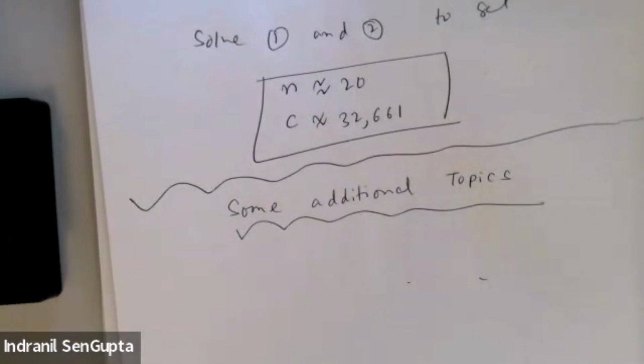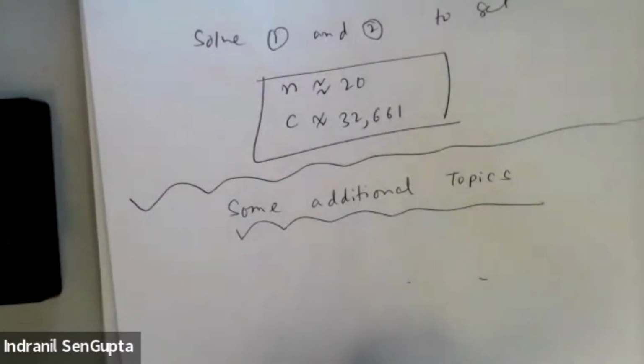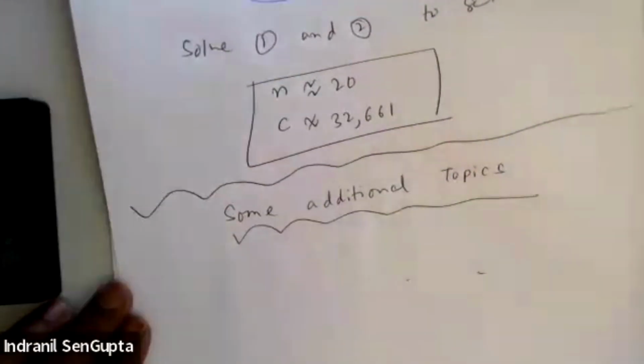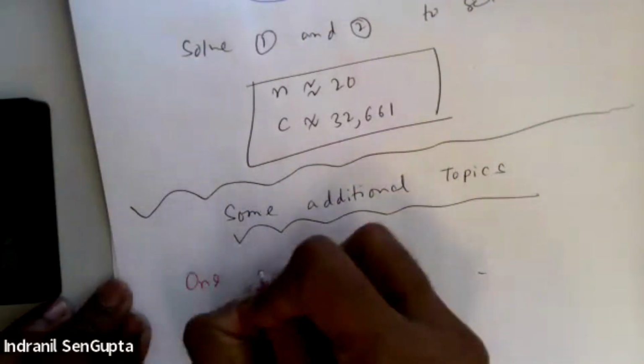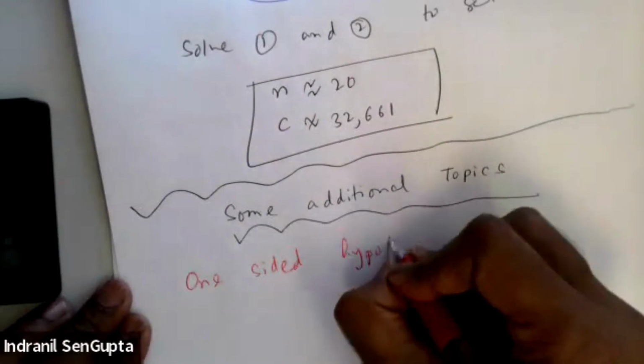That is called the one-sided test. Let me write the formal definition of the one-sided test and two-sided test, and then we'll go from there. So, one-sided hypothesis.